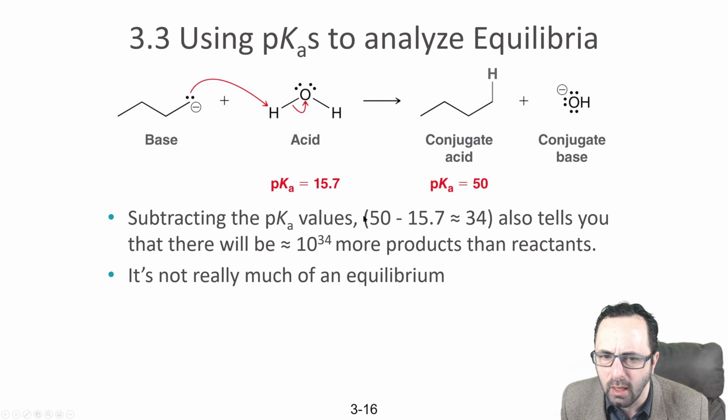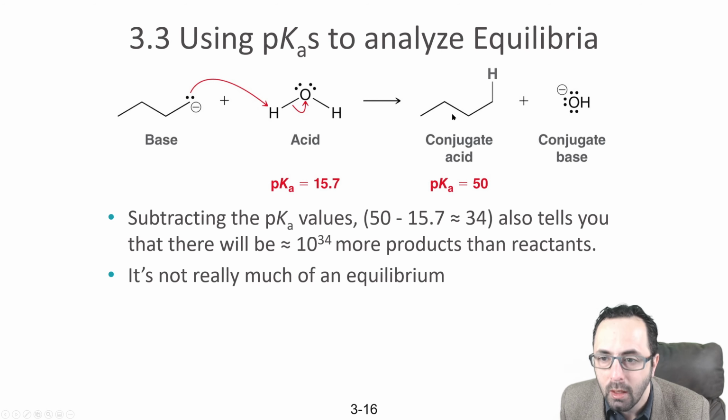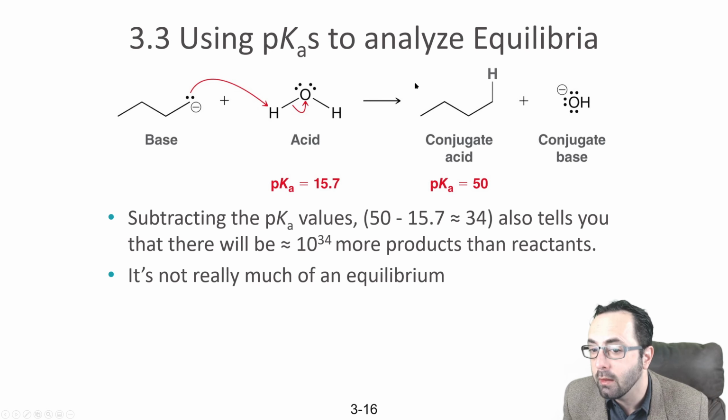So here's another example where we have relative pKa's, and we have a mechanism drawn. So there's a base here. It's a carbanion. Carbanions are extremely strong bases because their acids are extremely weak. This is just not acidic at all, the conjugate acid. The base here is quite strong, but not as strong as this one, right?